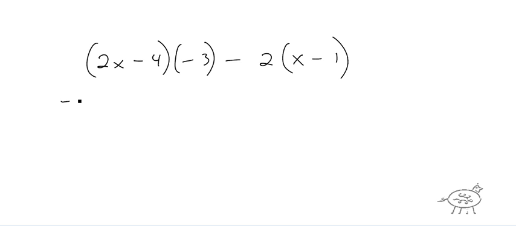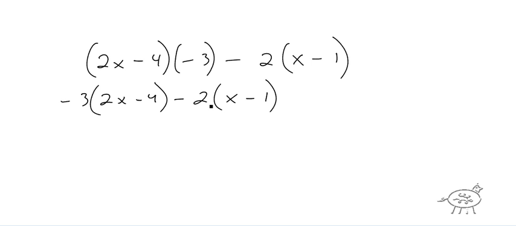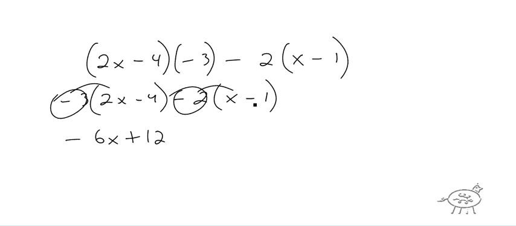I'm going to move that negative 3 in front because I want to. And that sometimes gives people grief because it's like, well, what do you distribute, the 2 or the negative 2? Well, actually, you distribute the negative 2, just like you're going to distribute a negative 3 here. So negative 3 times 2x is negative 6x. Negative 3 times negative 4 is positive 12. Negative 2 times x is negative 2x. And negative 2 times negative 1 is positive 2.